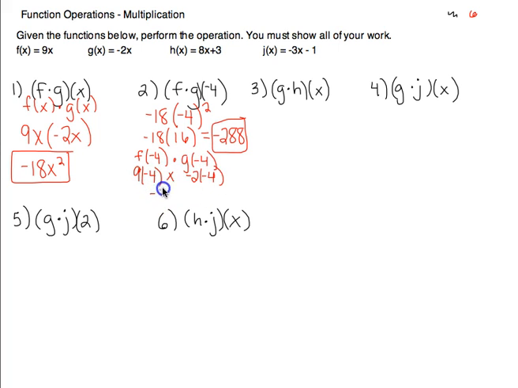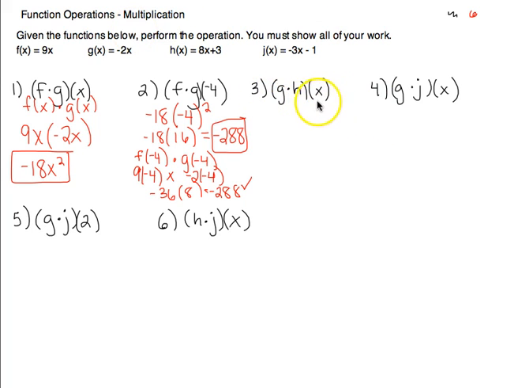So this would be negative 36 times positive 8. And so we get the exact same answer as I illustrated in the last lesson as well. So that just gives us a check here. Again, just trying to illustrate that there's more than one correct way to do some of these problems.